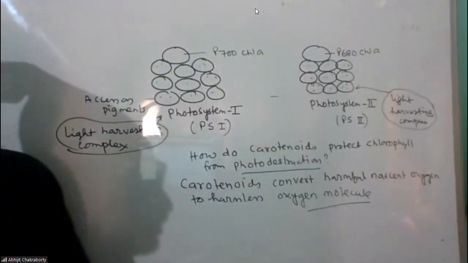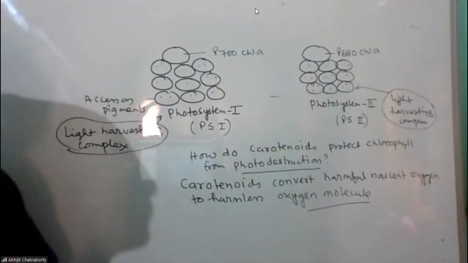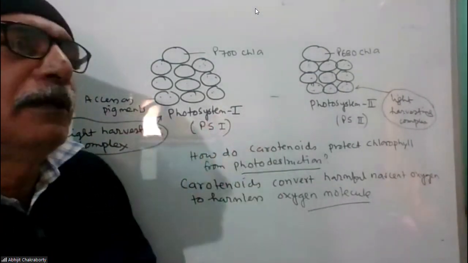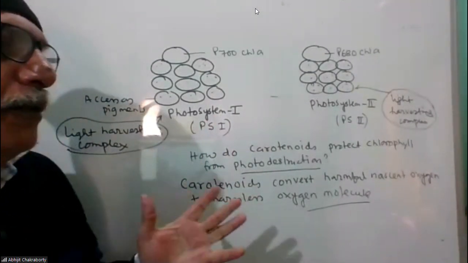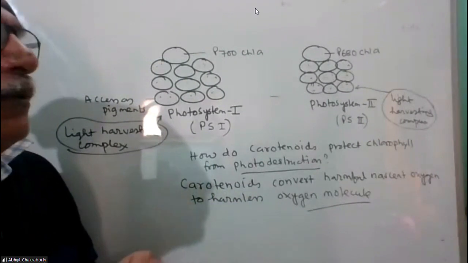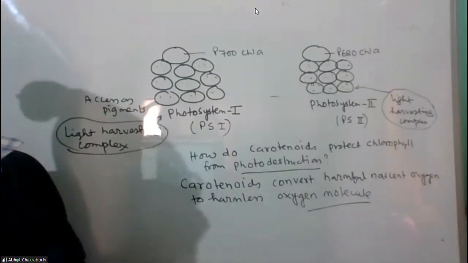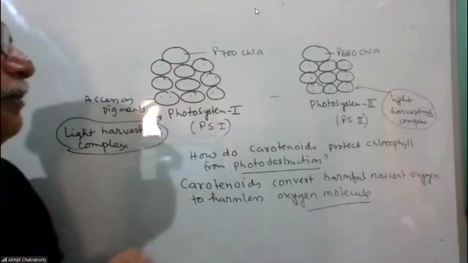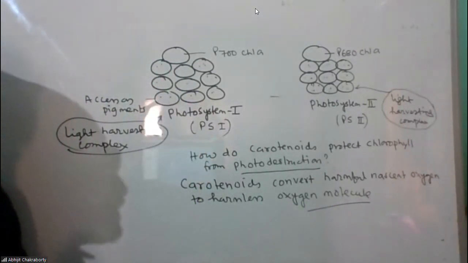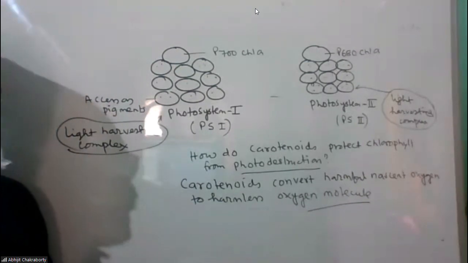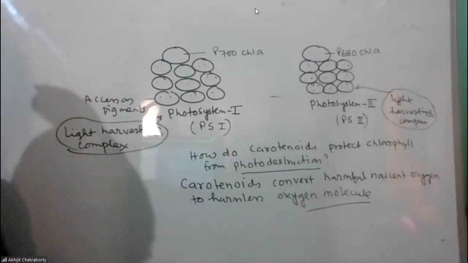Here, only one P700 is there, not that. It contains a number of molecules. Their role, as I said earlier, is protective in function and also to convey the light energy trapped by it to the P700 chlorophyll molecule. Ultimately, from the outer orbit of the P700 or P680 chlorophyll molecule only, the electrons are ejected out. Clear?